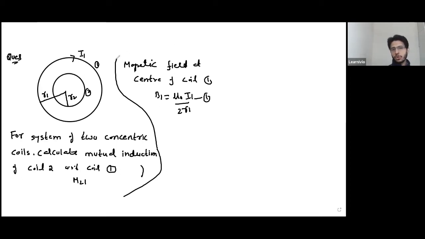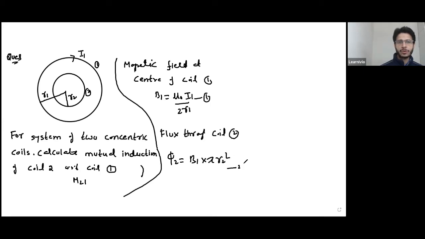Now, through which coil will you calculate flux? You will calculate flux through coil 1 or you will calculate flux through coil 2. Very good. So if current will pass through coil 1, EMF will be induced in 2. So flux we will take for 2. Flux through coil 2 is simply magnetic field multiplied by area of coil 2, which is pi R2 square.